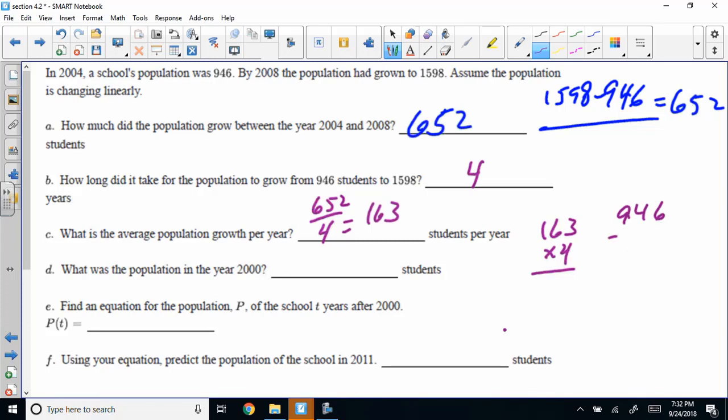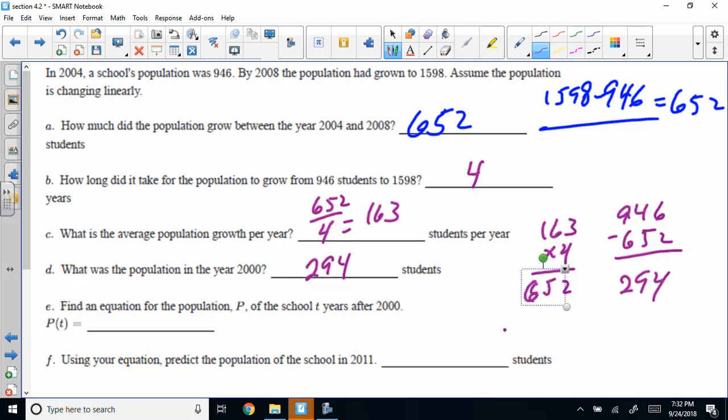So what does that give me? 652 students. So 946 minus 652. I got 294. Is that okay? Yeah, y'all agree? Sweet.